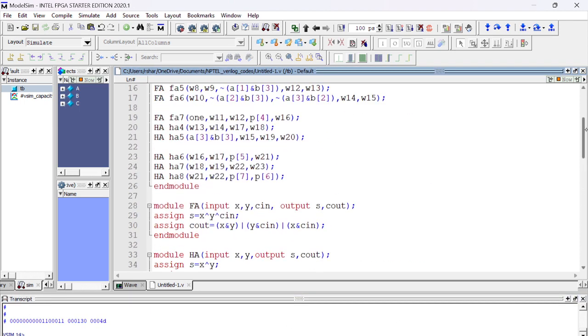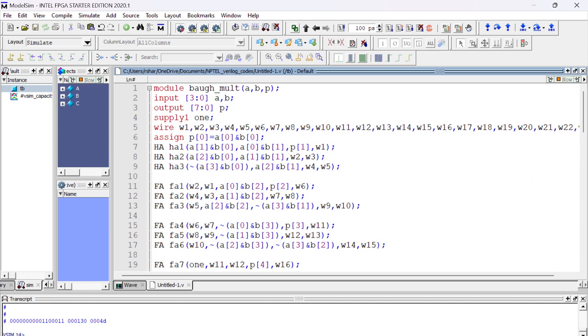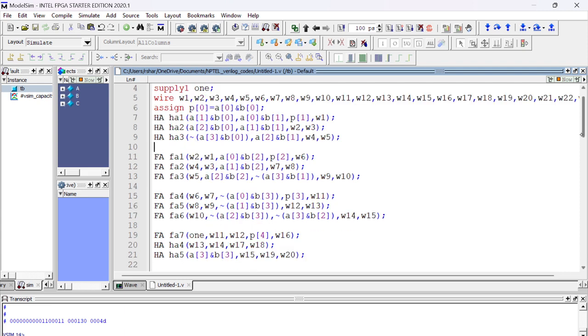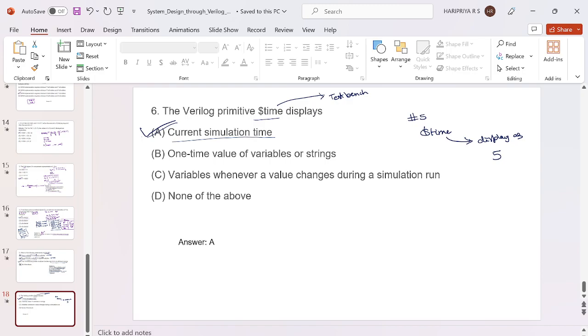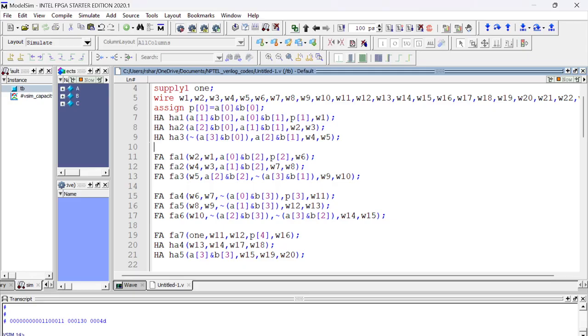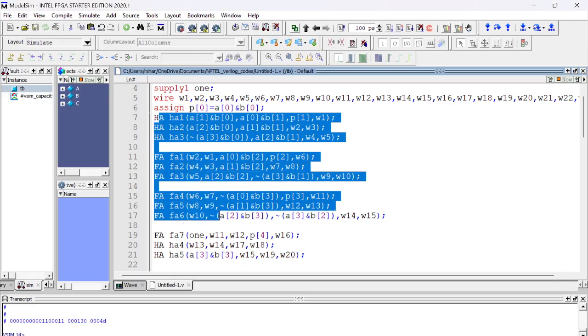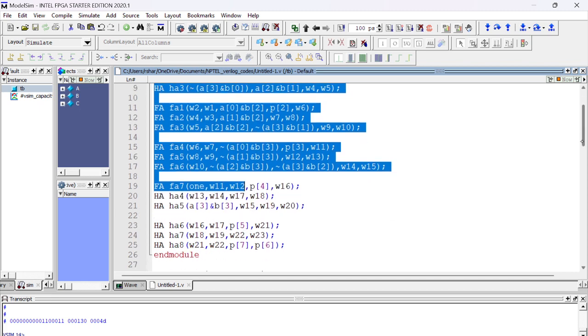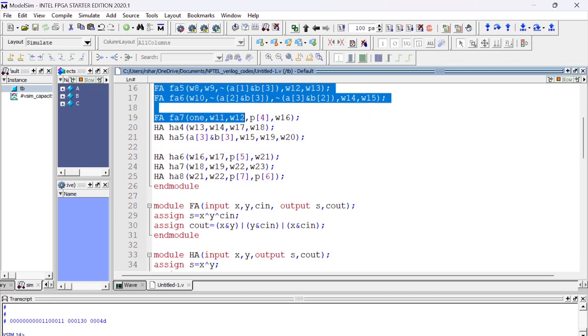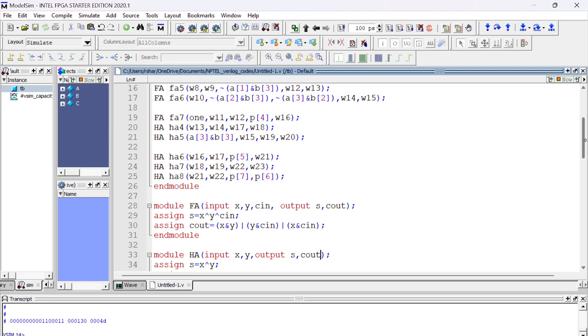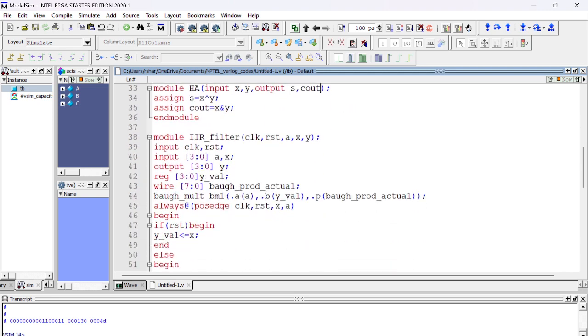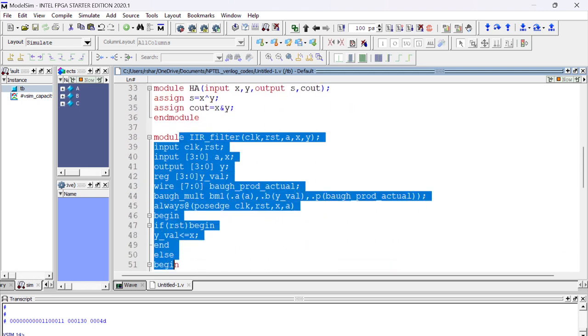Here this is the code for the Baugh-Wooley multiplier. You can see the complete half adder and full adder instantiation, then the full adder code, half adder code, and finally the IIR filter code.